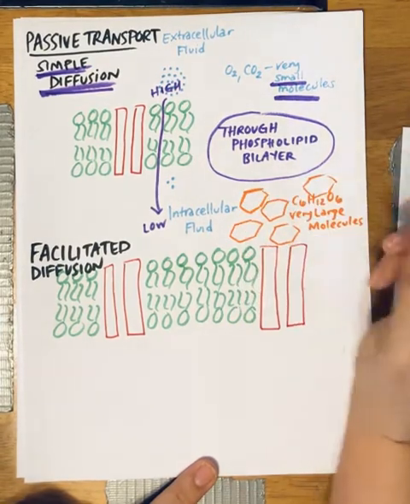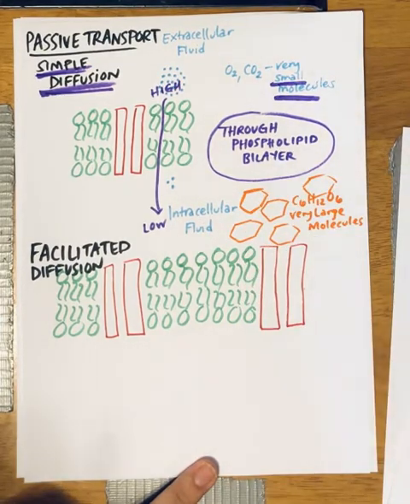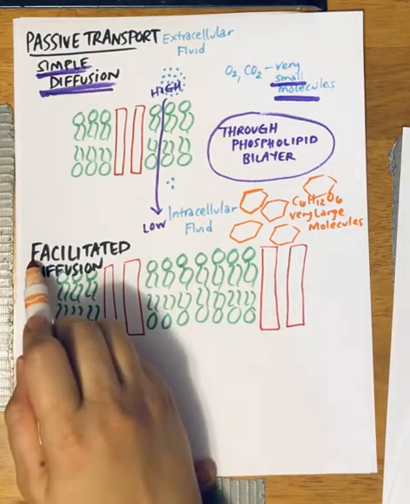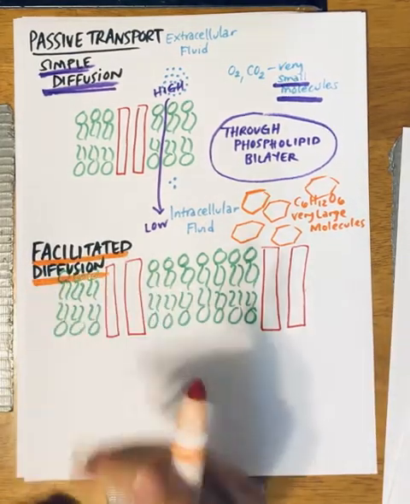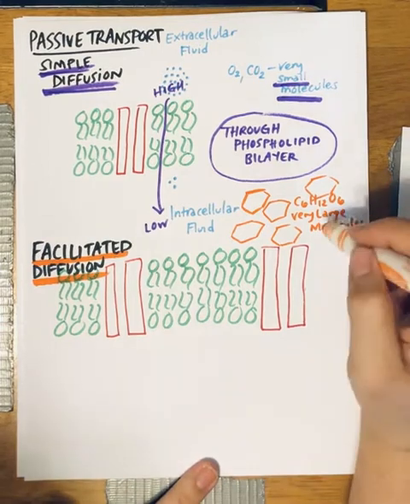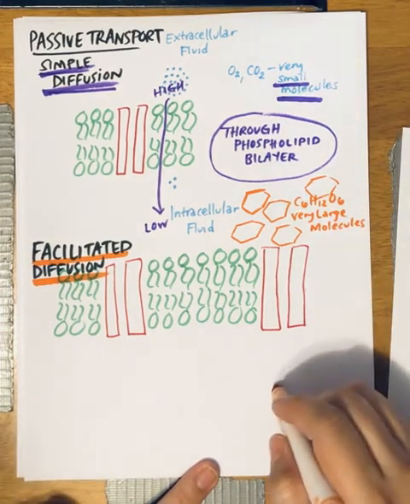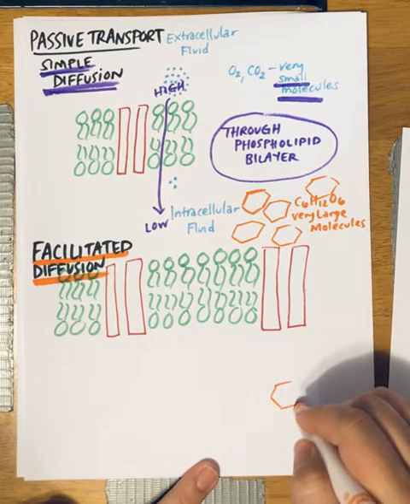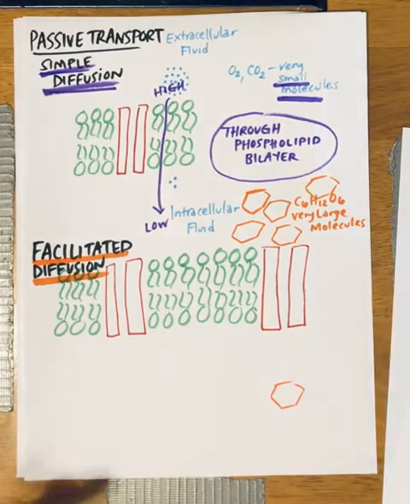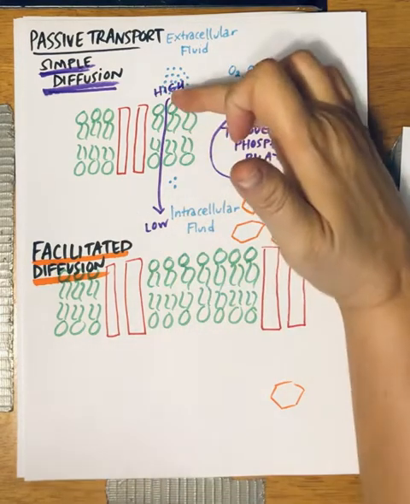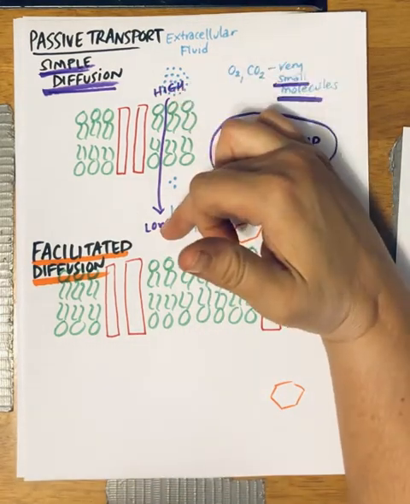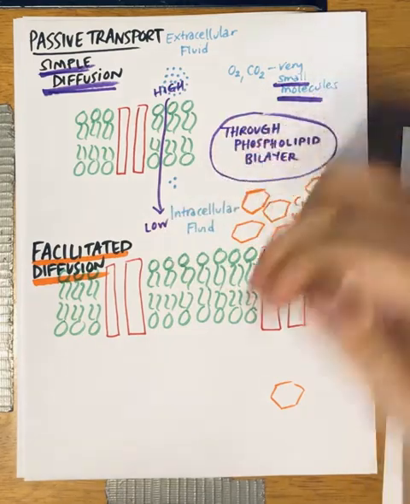These are large molecules. When you say facilitated diffusion, you're moving large molecules from high concentration to low concentration. You can say that these are cell phones. You still are saying it's passive transport. It's the movement from high concentration to an area of low concentration.